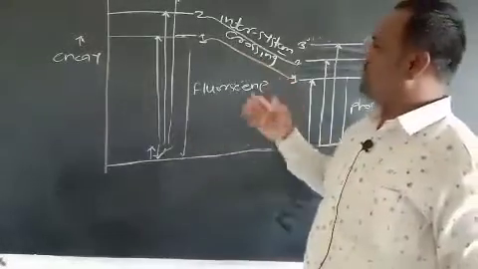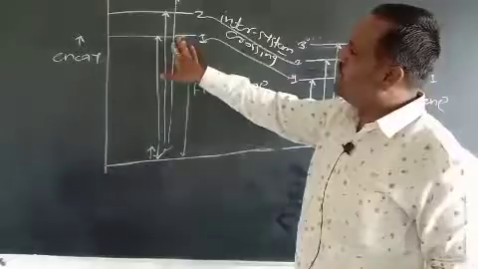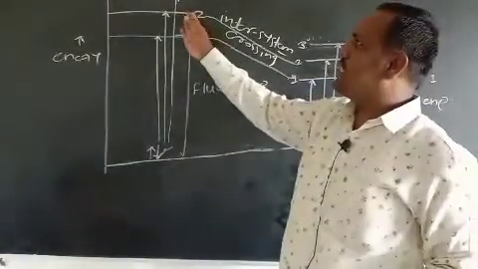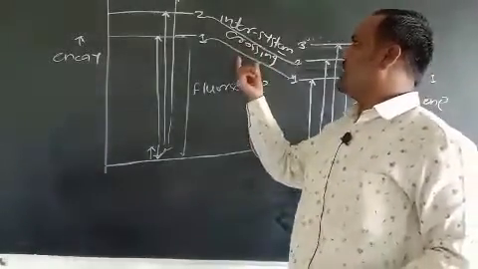So certain molecules show inter-system crossing, transferring from excited singlet first to excited triplet first, or excited singlet second to excited triplet second. So this process is called inter-system crossing.